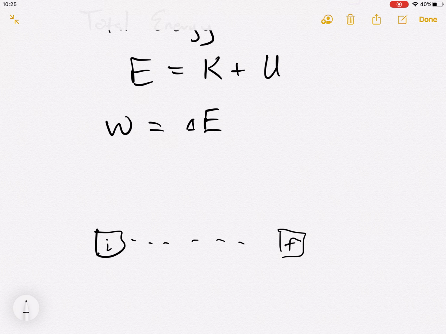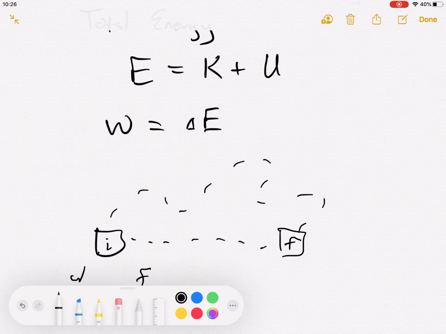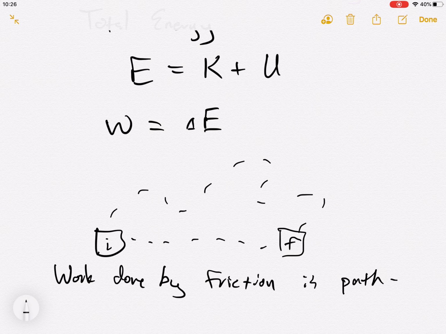If I take the straight line path, or if I take some zigzaggy path, if there is friction involved, the zigzaggy path will cost me more energy, right? Because I had to push it further. So work done by friction, we'll say this, is path dependent.